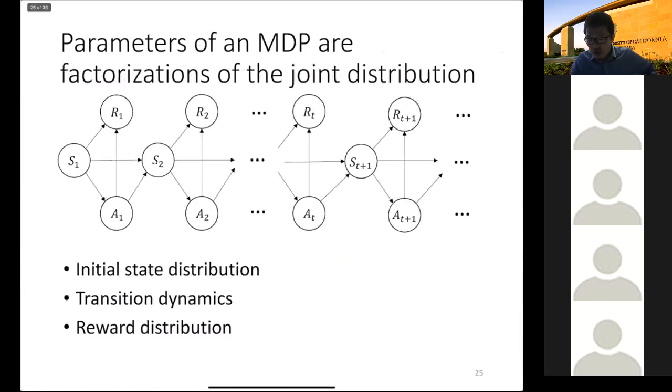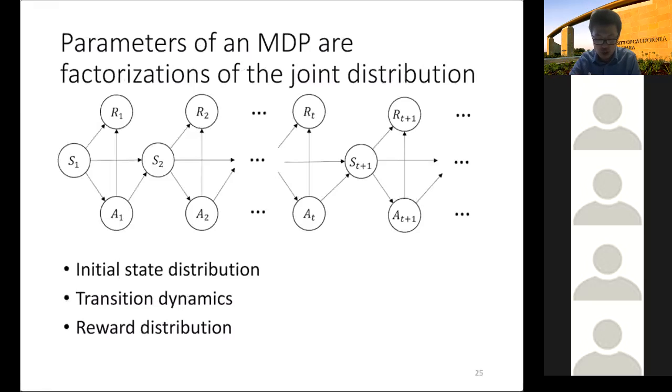Okay, so there are other representations of Markov decision processes. It's intuitive to also represent it as a probabilistic graphical model, and for those who are familiar with this, it is straightforward. These random variables are connected in this way with arrows pointing from one to the next, representing the dependence of the variables and the causal relationships between them.